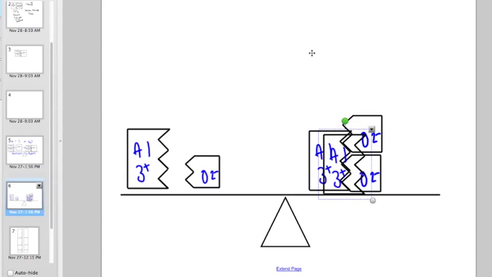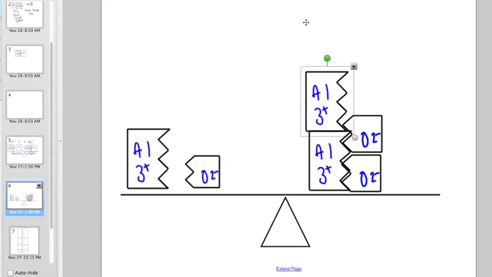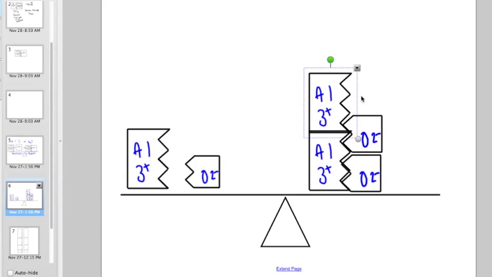Find another puzzle piece. And that fits a little better, but I still need another oxygen. I shouldn't have resized them. And there we go. We have our product, the aluminum oxide.